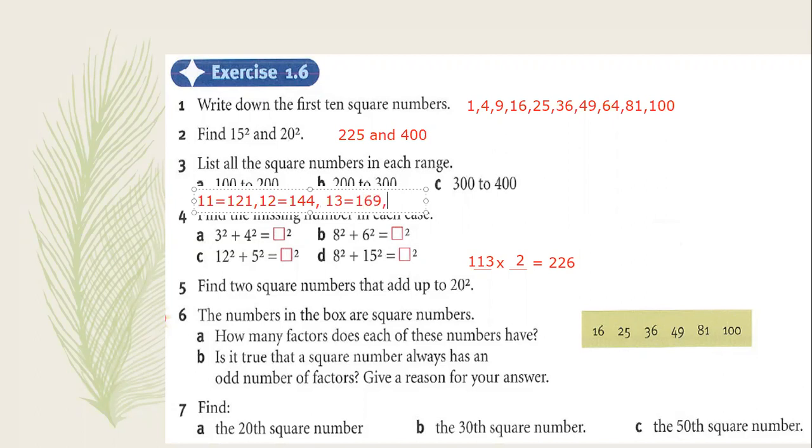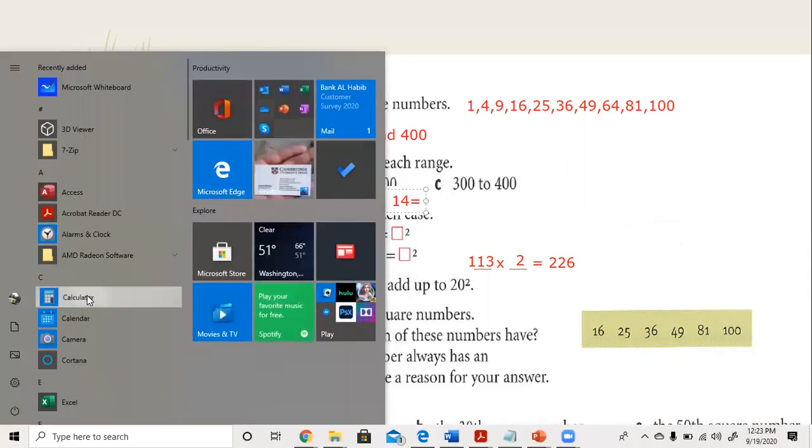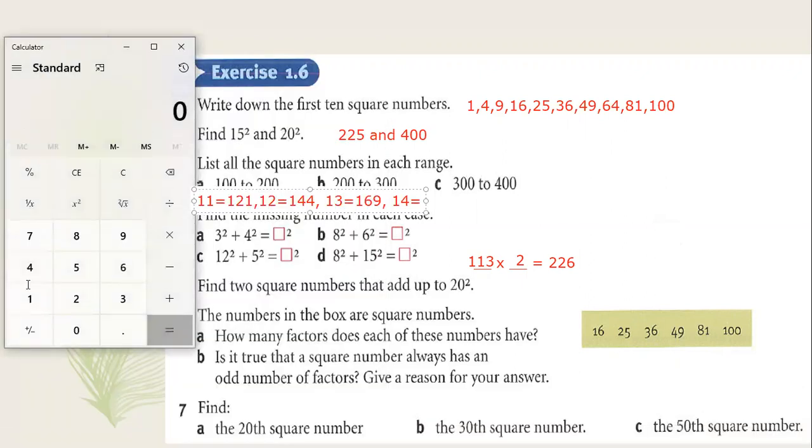And 14 squared, I'm not sure, let me check this. I think 14 squared is 27 more than 169, it's nearly 200.